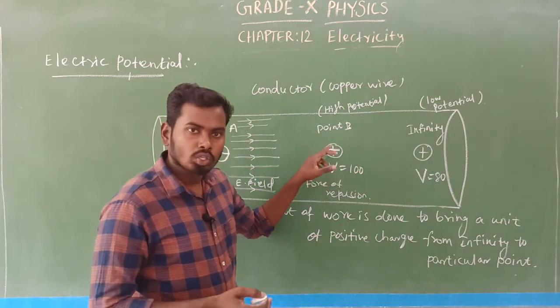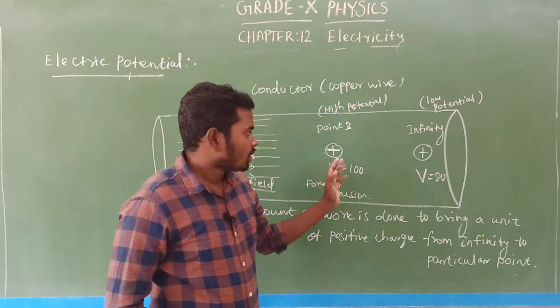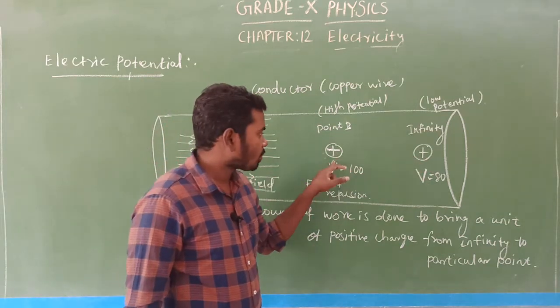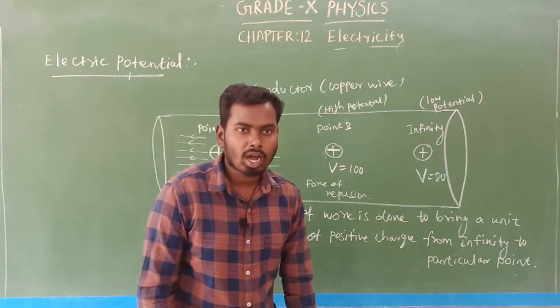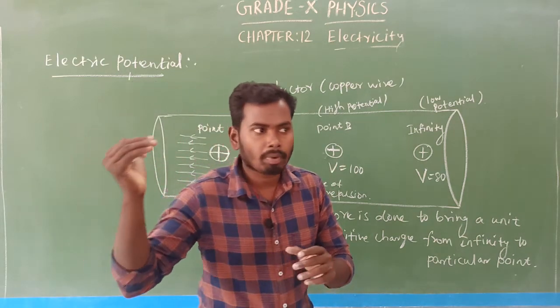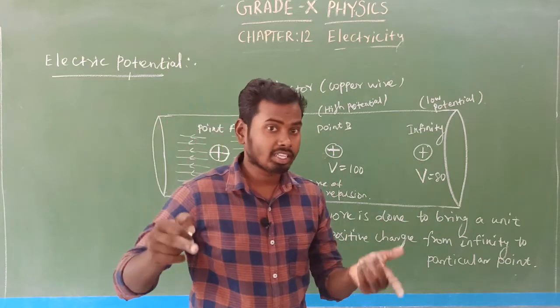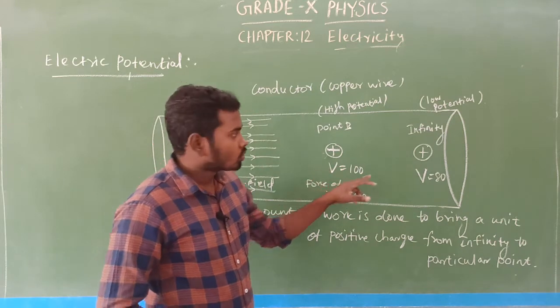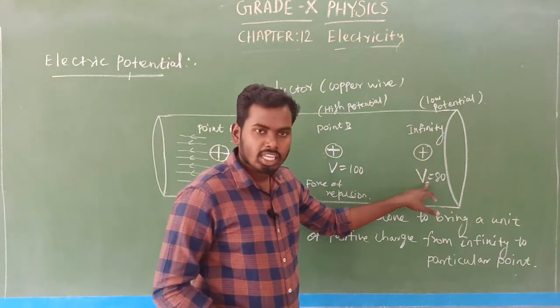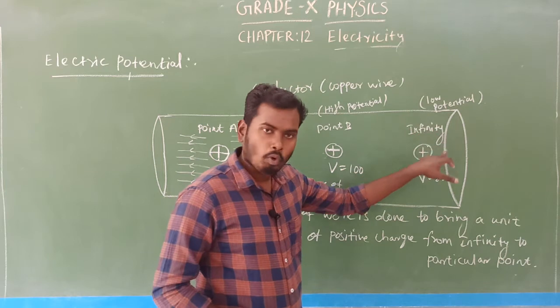So if we bring the charge placed at infinity to that point, we have to spend more energy. So suppose if you brought the charge from infinity to this point, here work is done. Am I right or wrong? Work is done, because whenever the object position changes from place to place, work is done in physics. So here also work is done. At infinity, the charge has some potential, that is low potential.